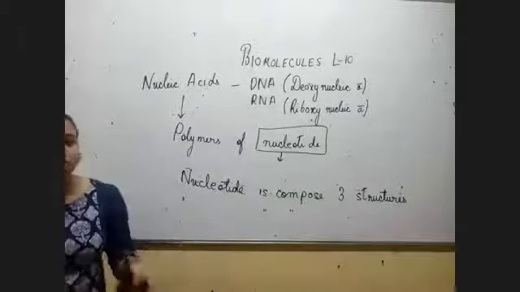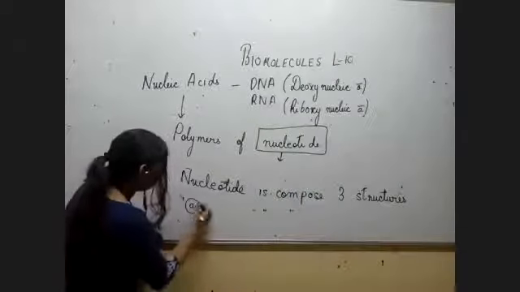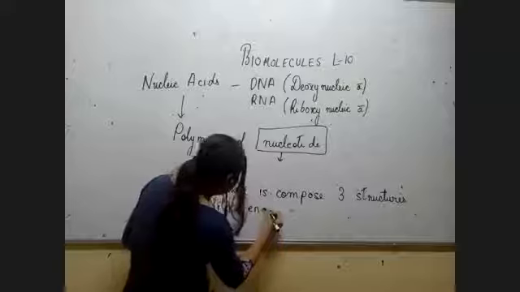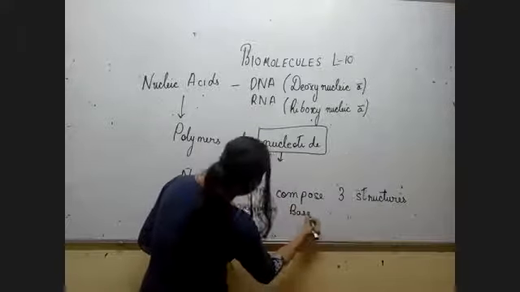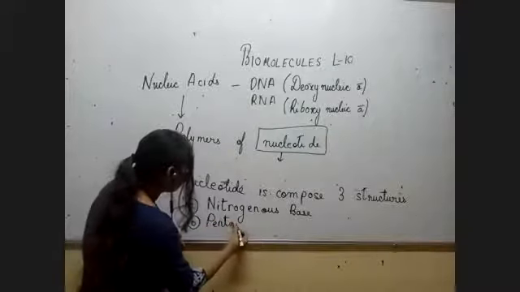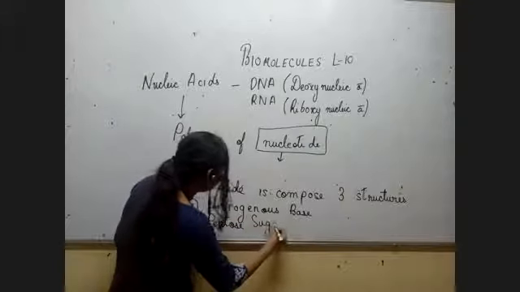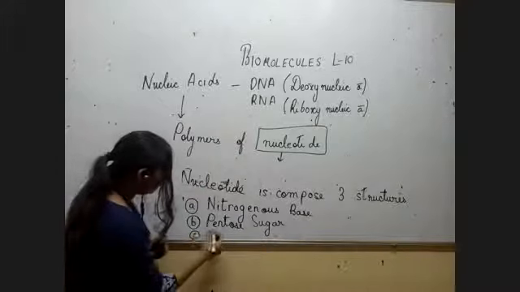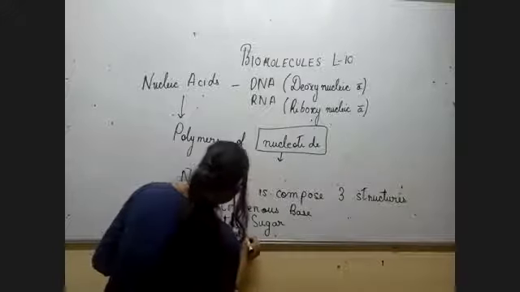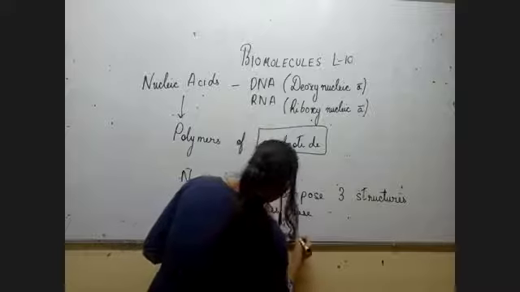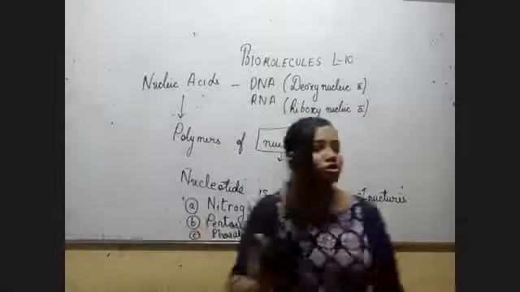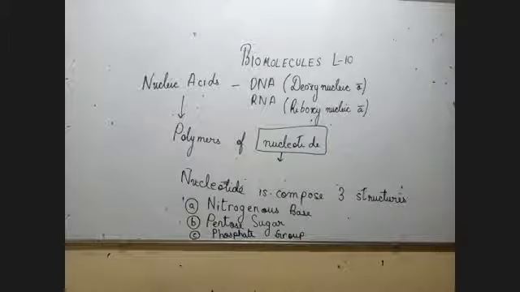The first structure is a nitrogenous base, the second structure is a pentose sugar, and the third structure is a phosphate group.